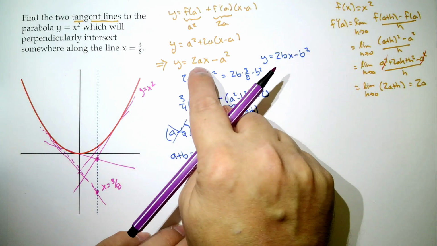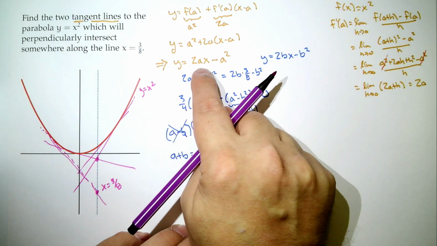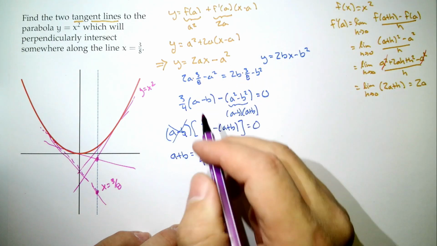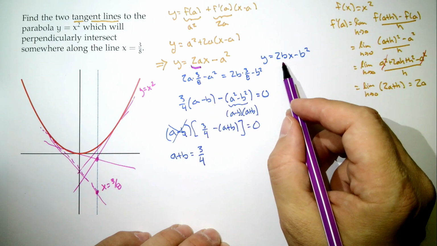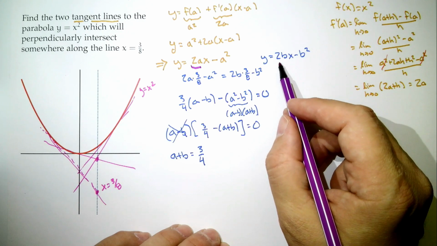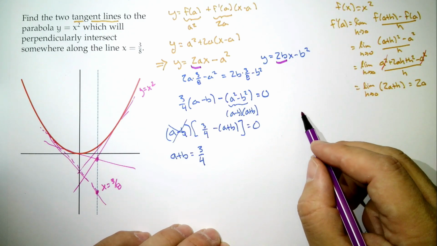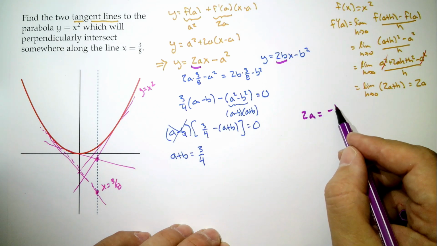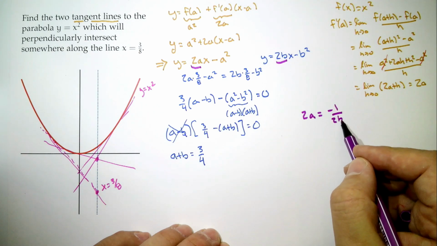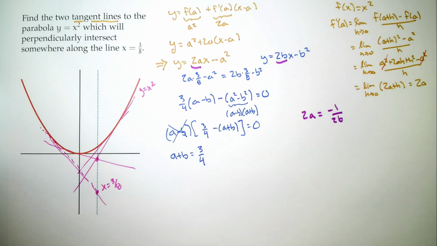What's the slope of the line y equals 2ax minus a squared? 2a. What's the slope of the line y equals 2bx minus b squared? 2b. So we also need that 2a is the negative reciprocal of 2b. In other words, 2a is negative 1 over 2b.